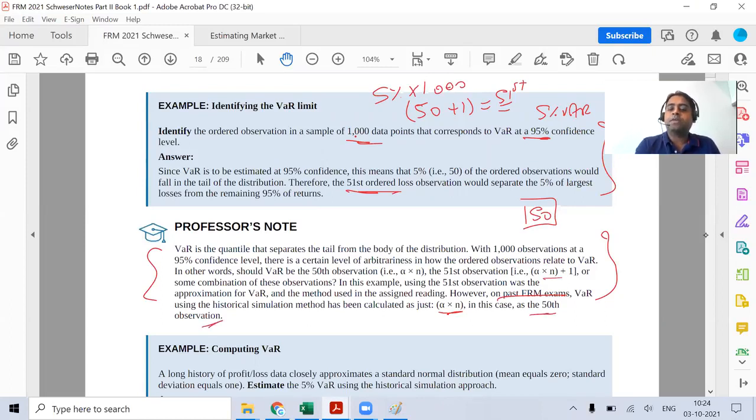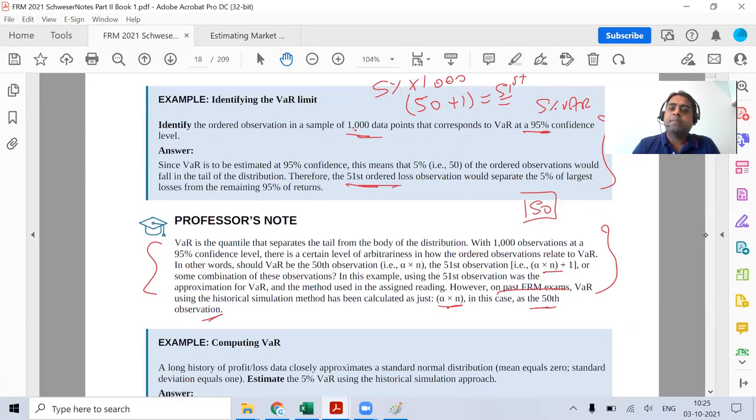But over here we are taking alpha into n +1. Kindly read the topic, read that paragraph, professor's note. And we're going to be moving towards the next example.